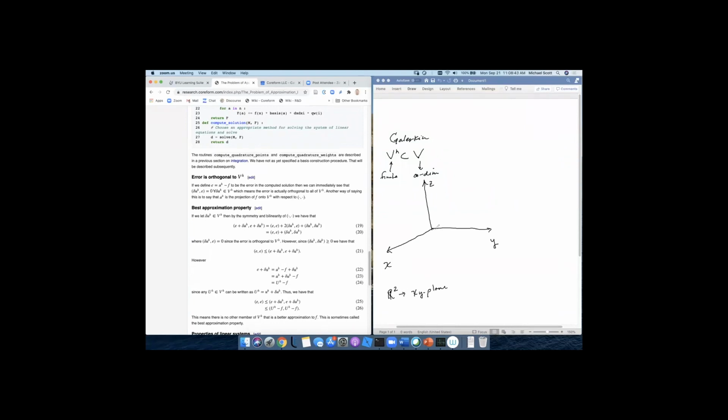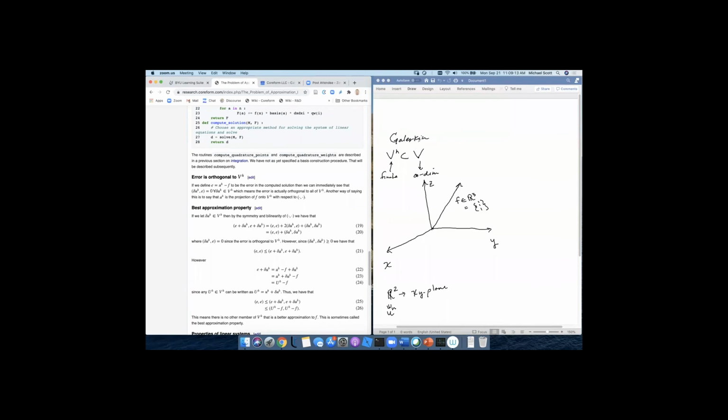Let's say we have some vector F in R3, the vector 1, 1, 1. And let's say we're trying to find a solution, UH, in R2 that approximates F.